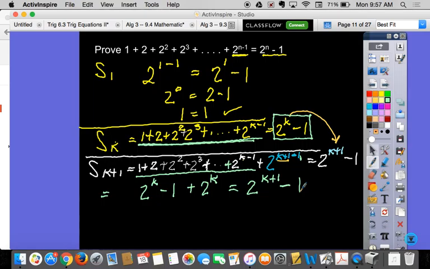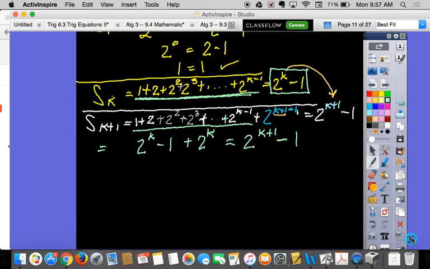Now, this is where you kind of have to have faith and keep working. It's going to be fine, because whenever you start working with this, it's kind of a little weird. I have 2 to the k plus 2 to the k minus 1 equals this.